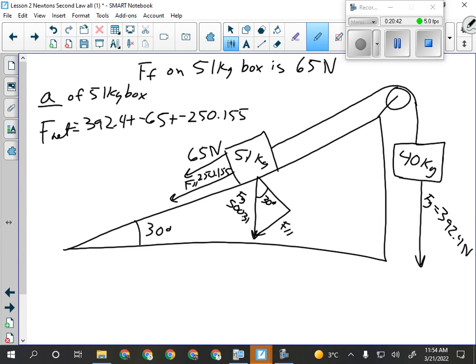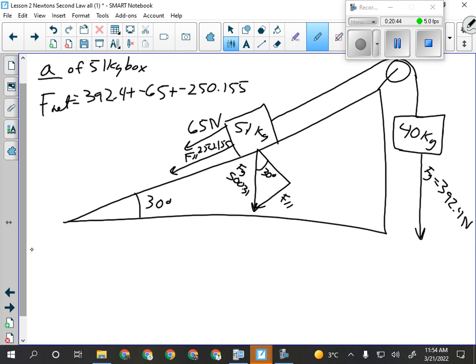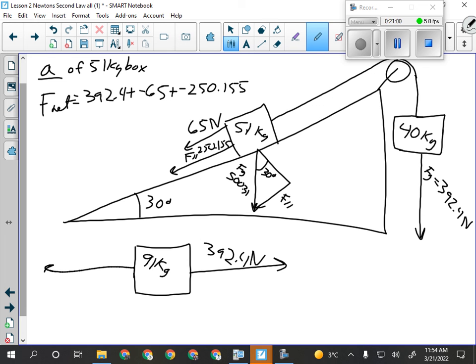Okay, so really now what's happening is this. 91 kilograms is being pulled this way by 392.4 newtons, and this way by 315.155 newtons.